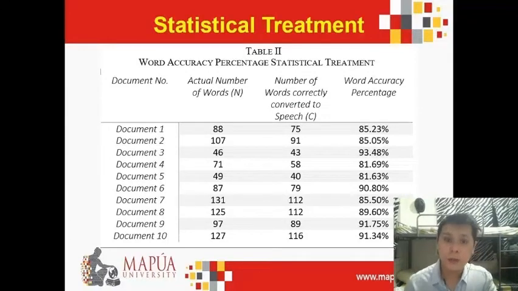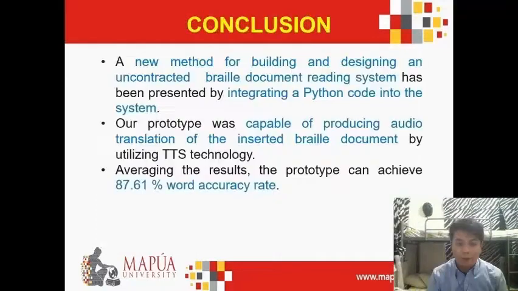So for the 10 data sets that we have tested using the same test procedures, we have achieved at least 87.61% word accuracy for the performance of our system. We, the researchers, have successfully created a new method in building and designing an uncontracted Braille document reading system.